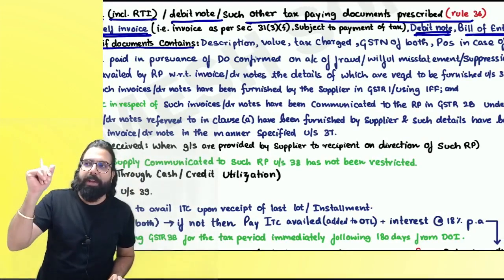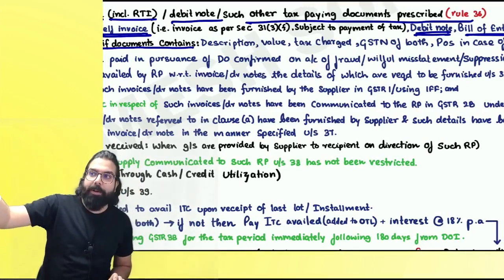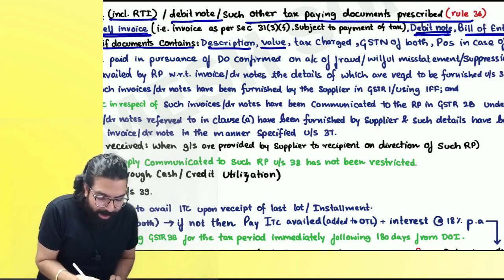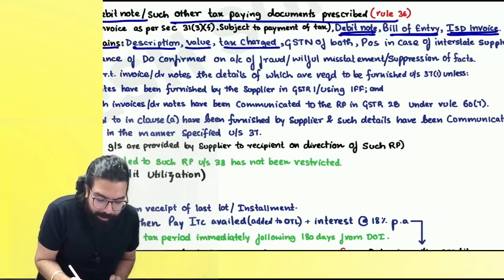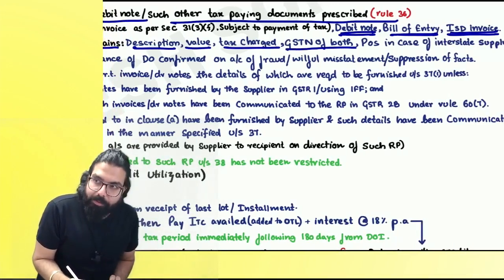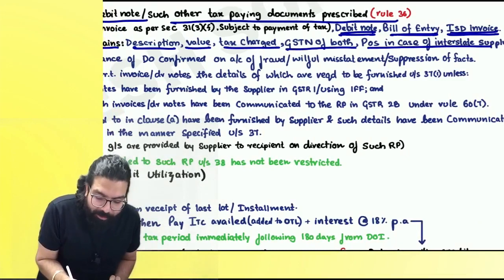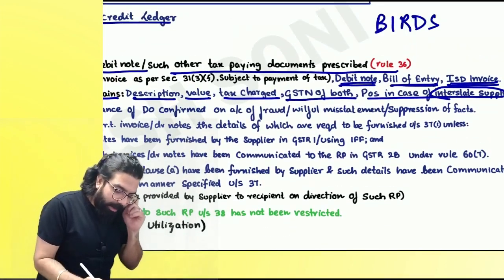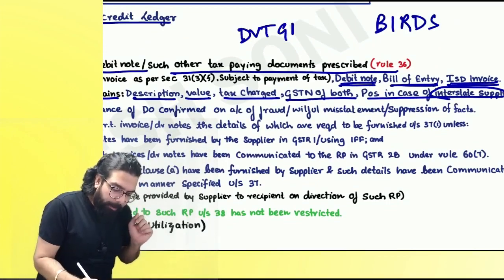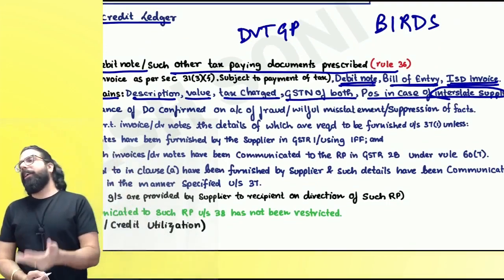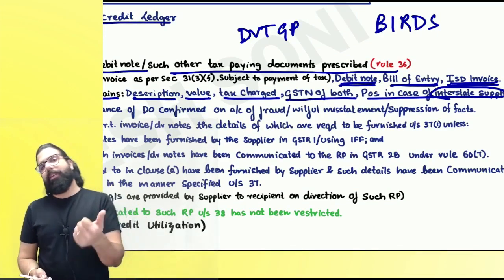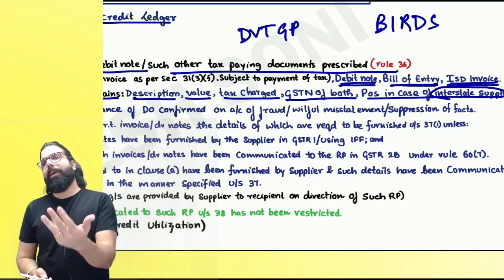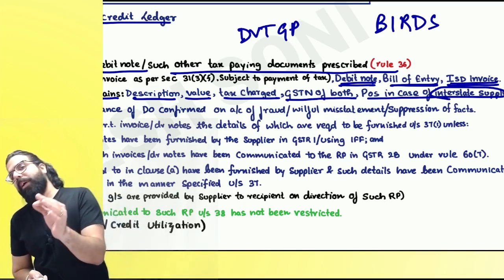On the basis of BIRDS you can take the credit, and that document should at least have description, value, tax, GSTN number of supplier and recipient, and place of supply in case of interstate supply. Description, value, tax, GSTN, place of supply.